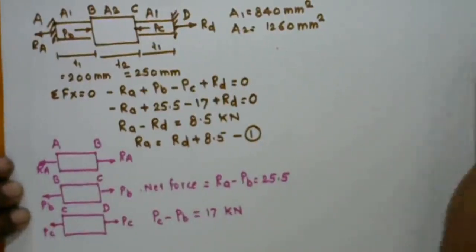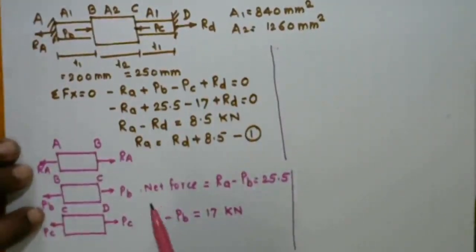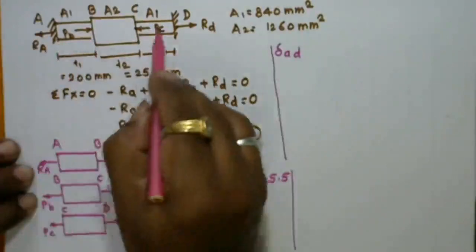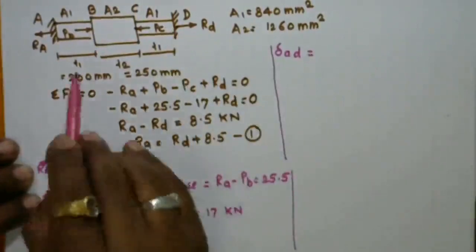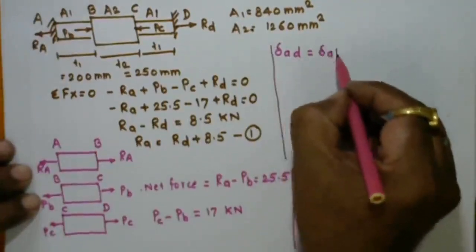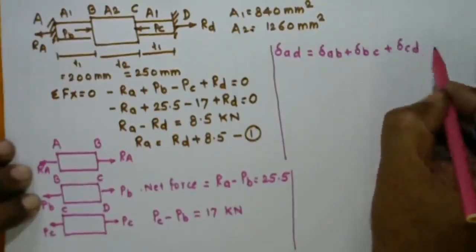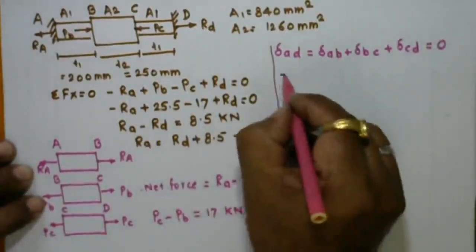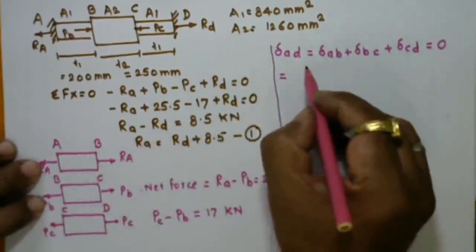So in that equation, we have to calculate the deflections, that is delta AD, the deflection at point A. Ends are fixed, so the total elongation or contraction remains 0. So you may write delta AB plus delta BC plus delta CD is equal to 0. Delta AB, in that first section AB, we use our basic equation PL upon AE.